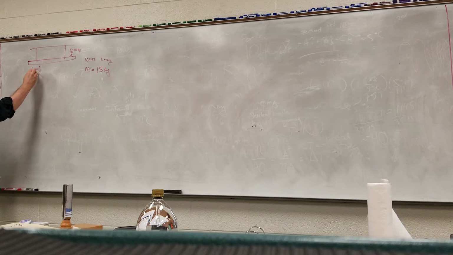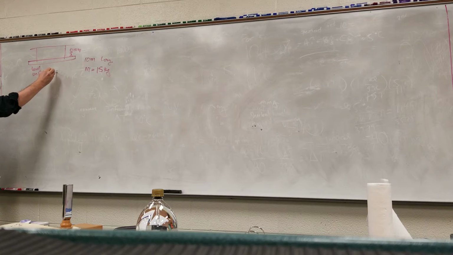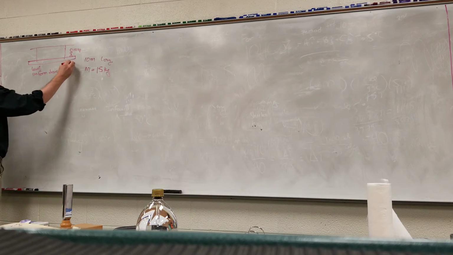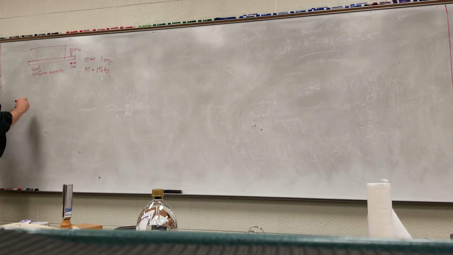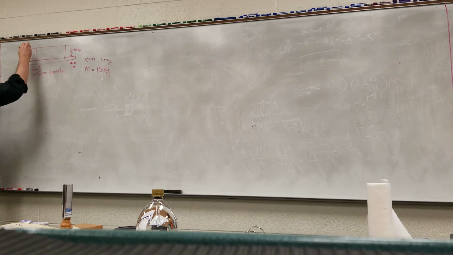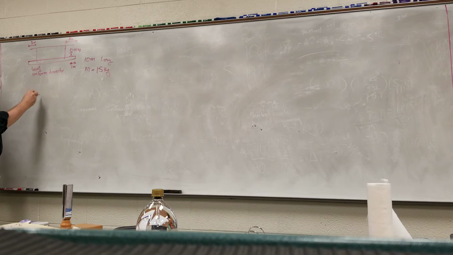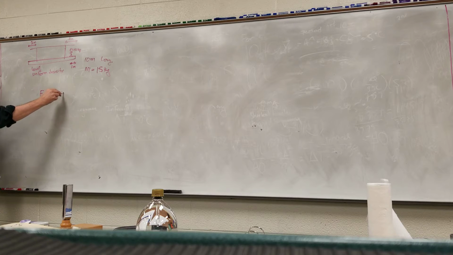Level and uniform density. Uniform density of the beam, not the child. And let's have the child 1 meter from the end. And so let's see, the supports, we'll make that 2 meters, make that 3 meters. And what I want to know is tension in the wires.